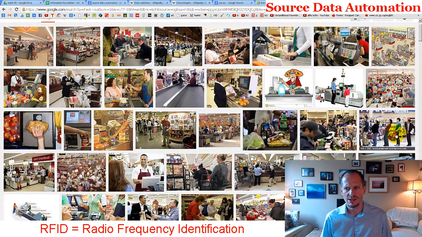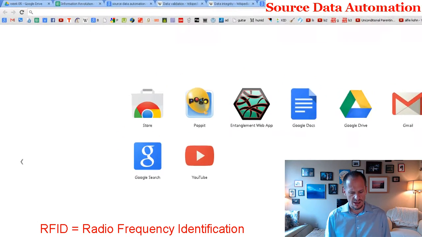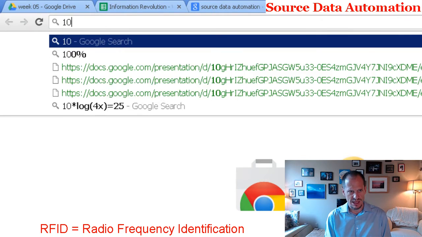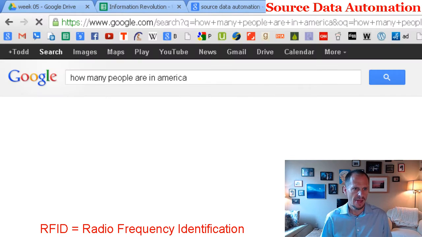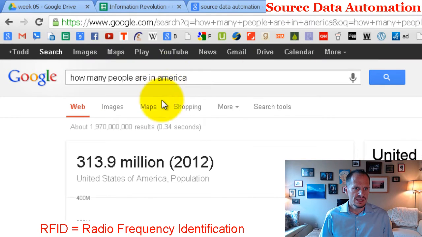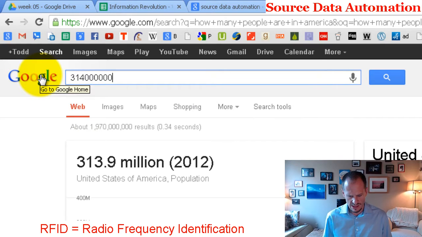Because just imagine if everybody in America had to wait 10 minutes in a checkout line, once a year even, 10 minutes times how many people are in America? 313, so 314 million, times 10 minutes.